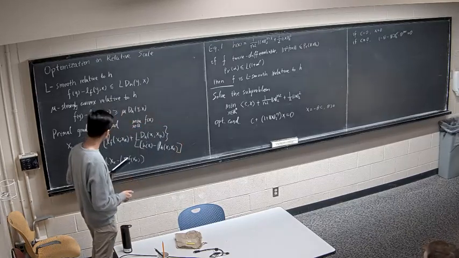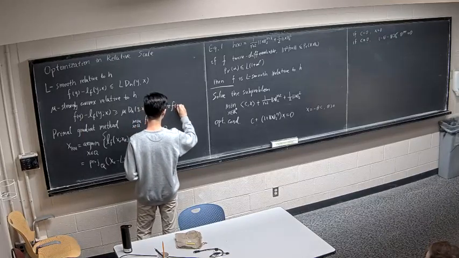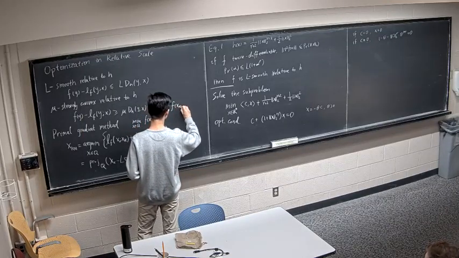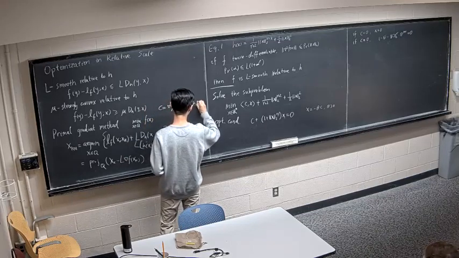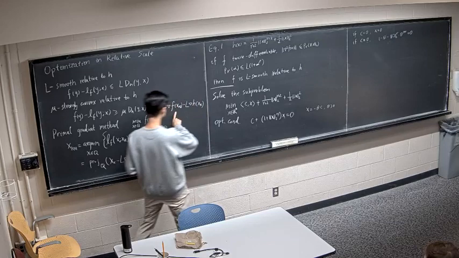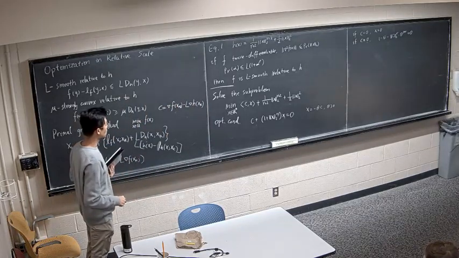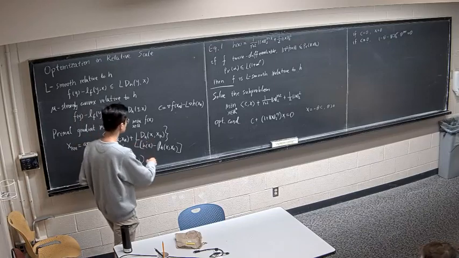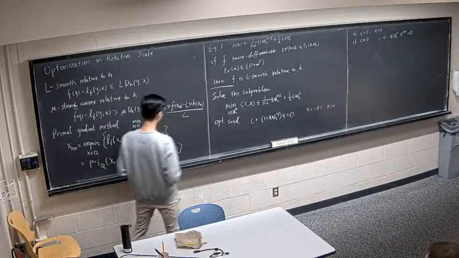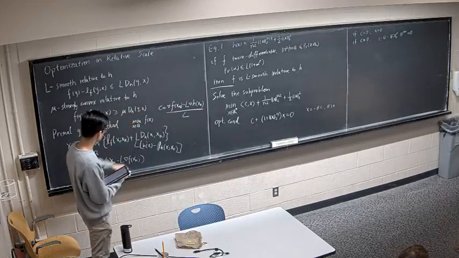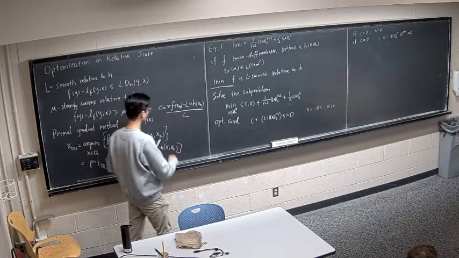This is c. Okay, c is this one divided by L, because this L also multiplies h. Yeah, c is this divided by L.